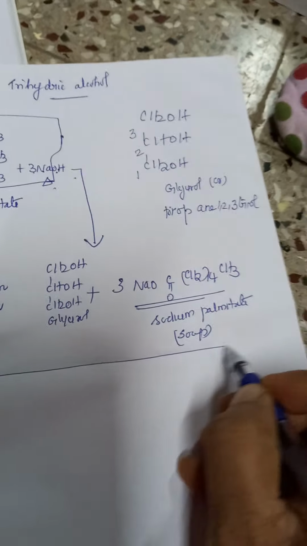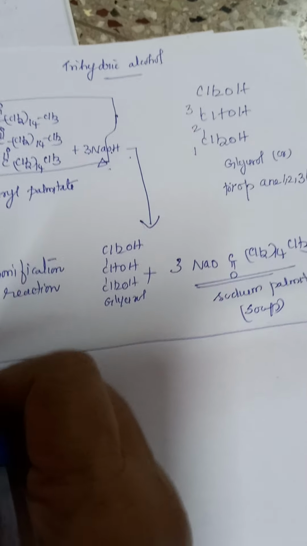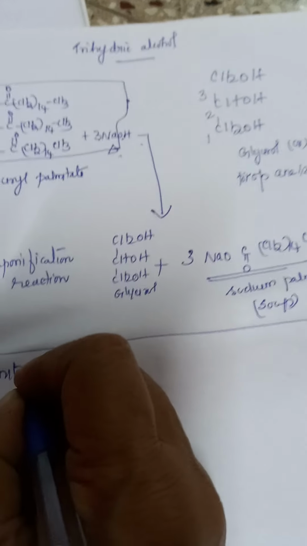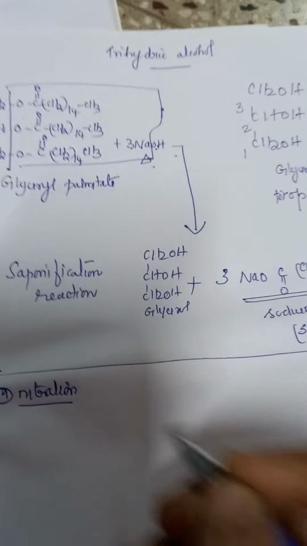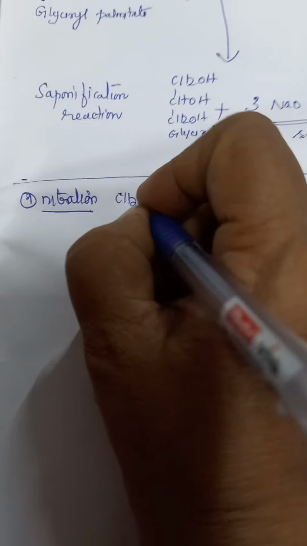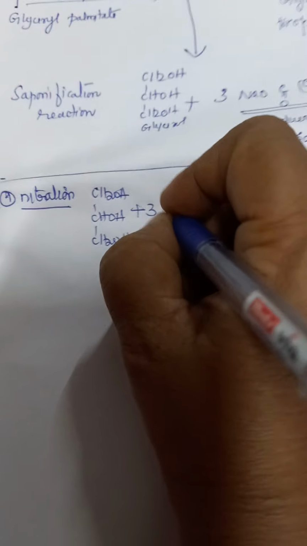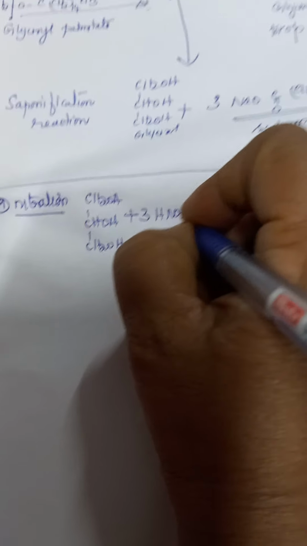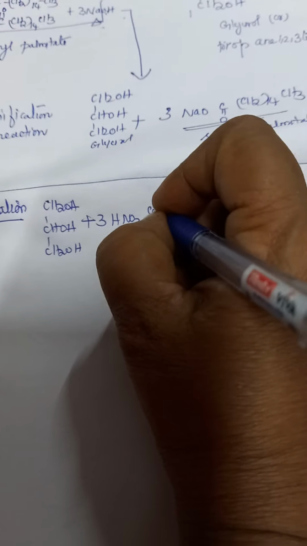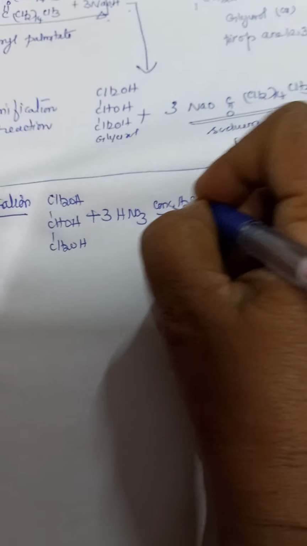A few properties. First one, nitration. Nitration means treatment with conc. nitric acid and conc. sulfuric acid. So glycerol, CH2OH, CHOH, CH2OH, is treated with 3 molecules of nitric acid, HNO3, in the presence of concentrated sulfuric acid.